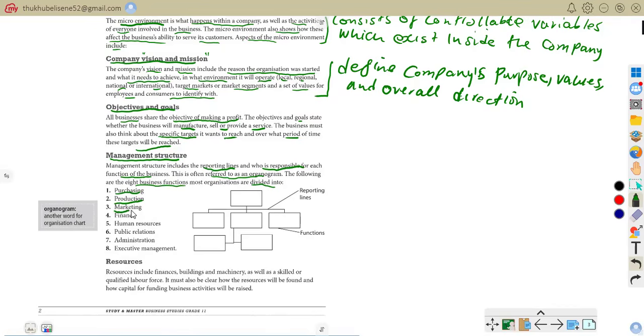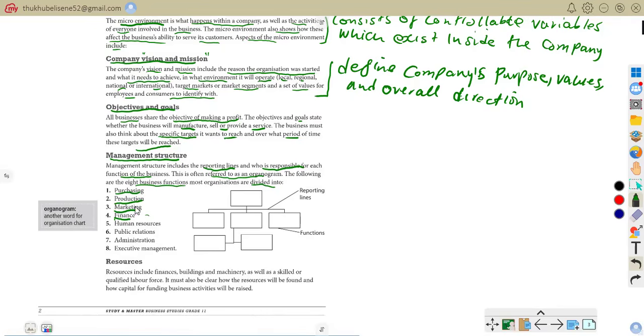Then the marketing function identifies customers' needs, promotes products and manages sales. The finance department manages financial resources, including budgeting, accounting, and funding.